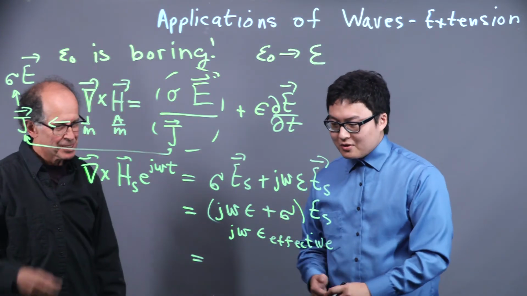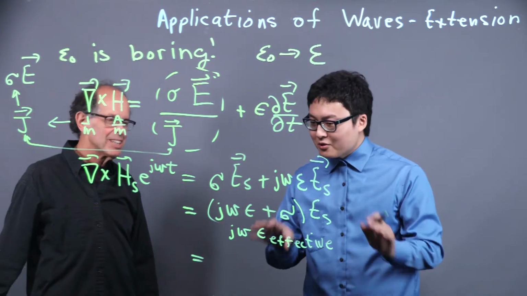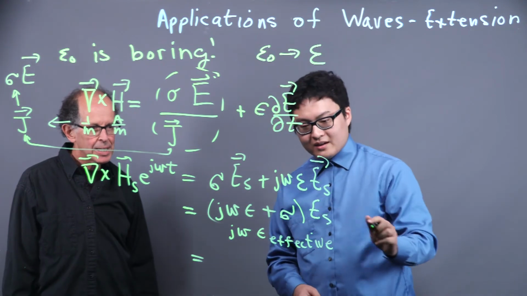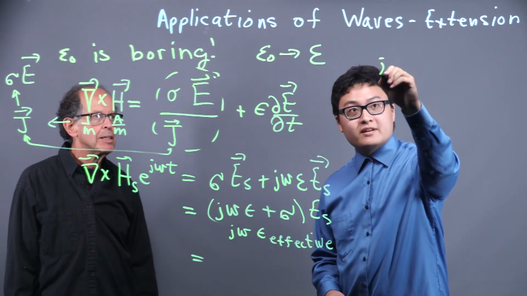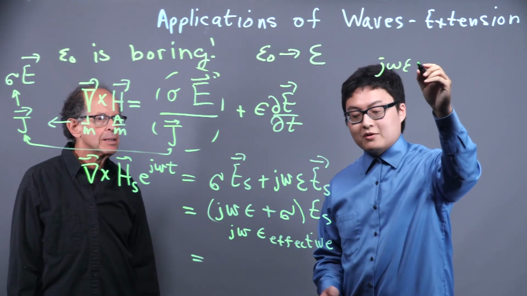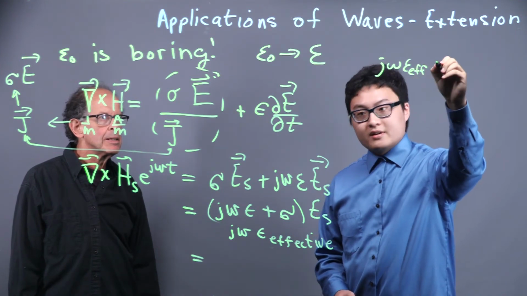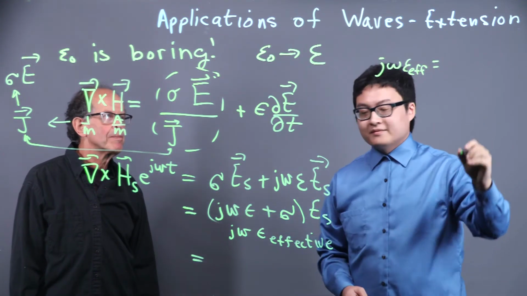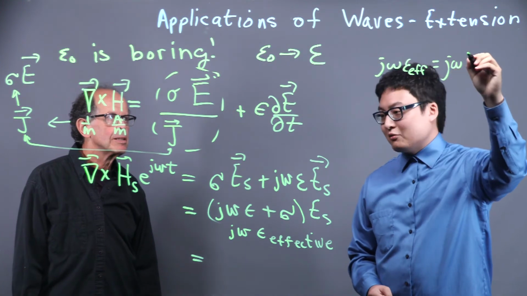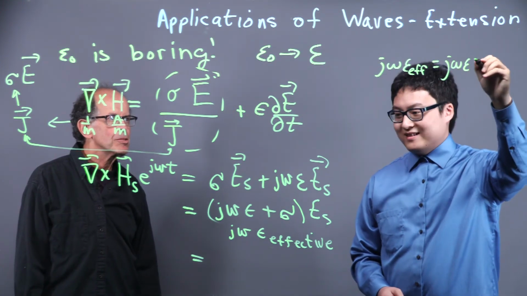In fact, let's show more steps than that. So j omega epsilon effective is this thing, plus sigma.